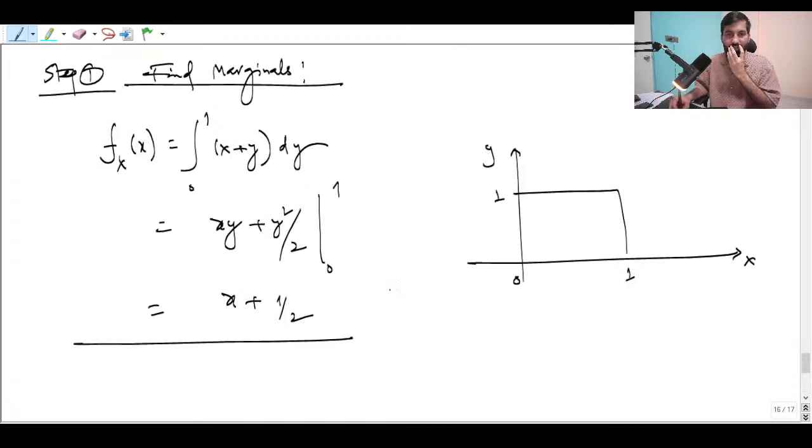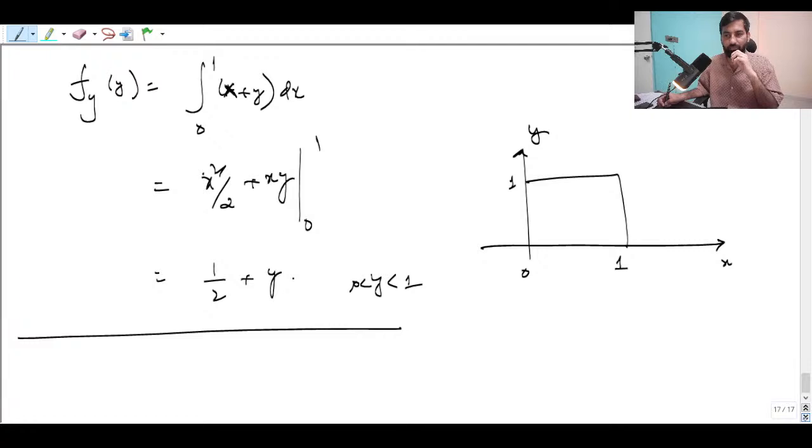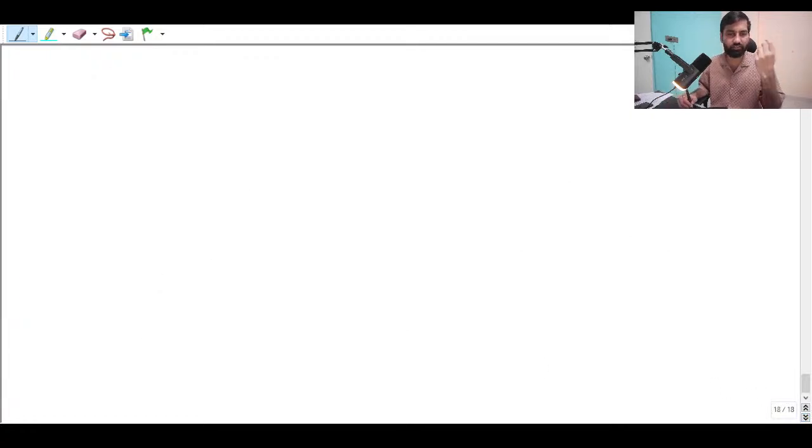In the earlier case x takes the value between 0 to 1. Equality does not make any sense in the case of a continuous random variable, so you have to understand this. So you got this marginal. Now if you want to find the conditional, step number 2, finding the conditional.